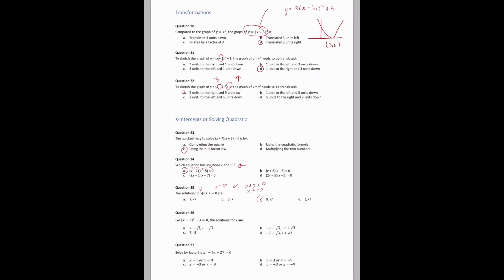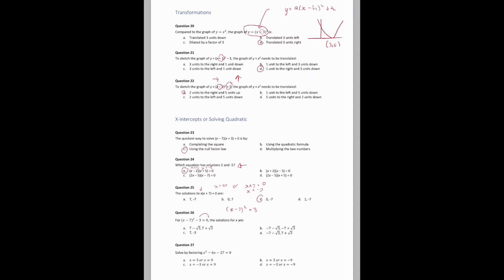For question 26, you're trying to solve for x. In this case, you are going to have to isolate x by itself. So let's move everything that's not x to the right-hand side. So we'll move 3 to the right-hand side. If you do that, it's going to be (x - 7) whole squared is equal to +3. What we'll do next is to get rid of the square sign, we're going to take the square root of both sides of the equation, okay? But remember, when you take the square root of a positive number, you will have the negative as well as the positive root.